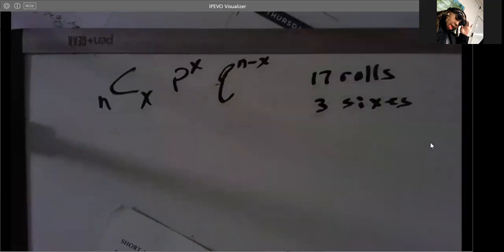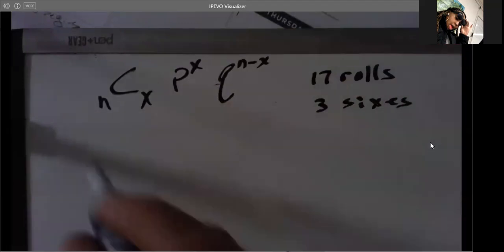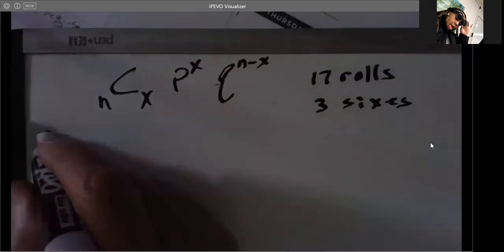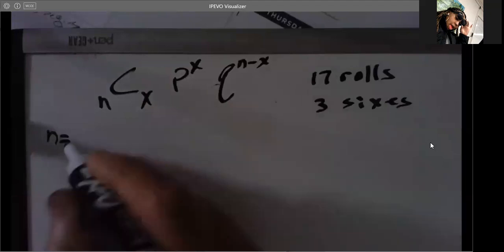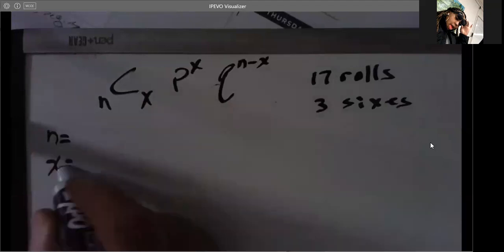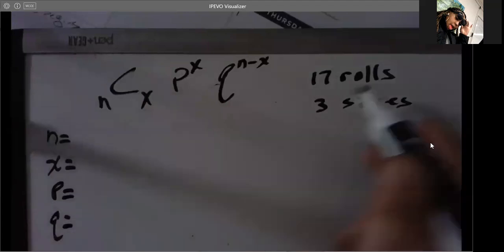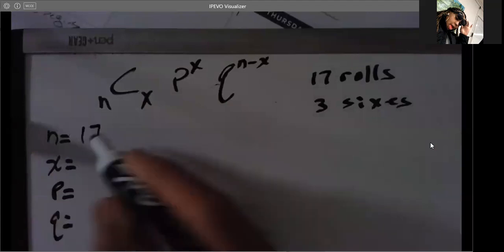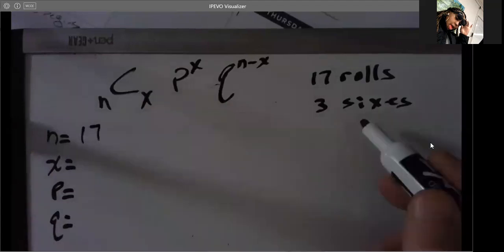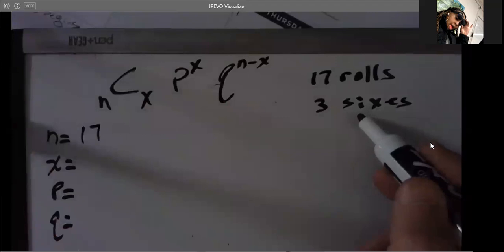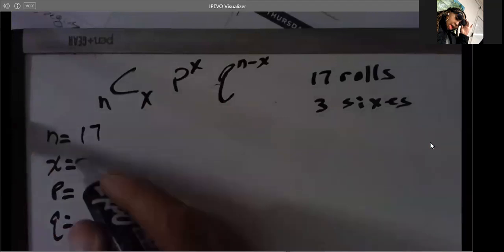I like to write the components to the equation off to the side. N, X, probability of success, probability of failure. N, there's 17 rolls, so N is 17. X, we want the probability of getting 3 sixes, so X is 3.